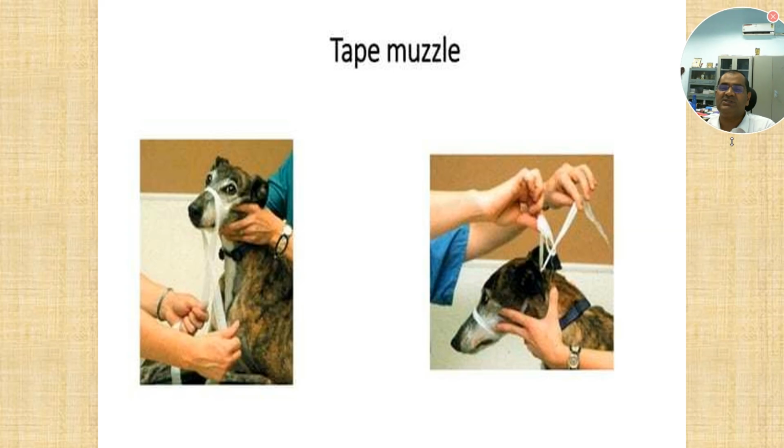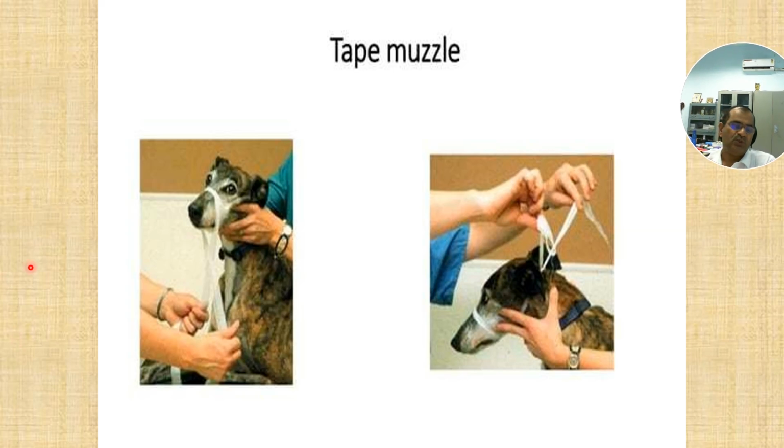So here what is going to be done is, over the nose or the mouth, a bandage cloth or a small, thin rope can be passed, and a knot has to be put below the nose. Then bring that thread above the neck and put a light knot. So this will stop the animal from opening its mouth.